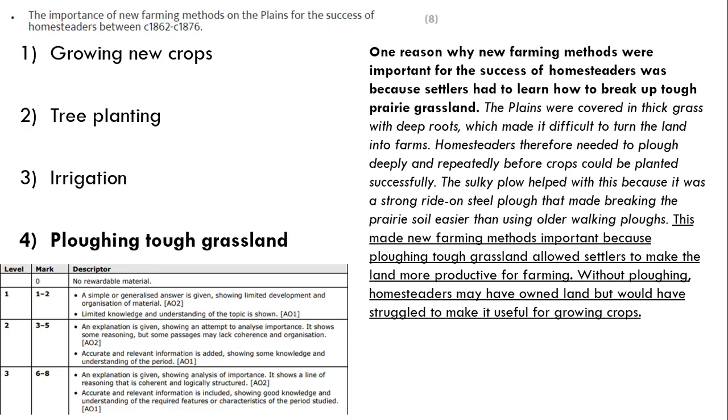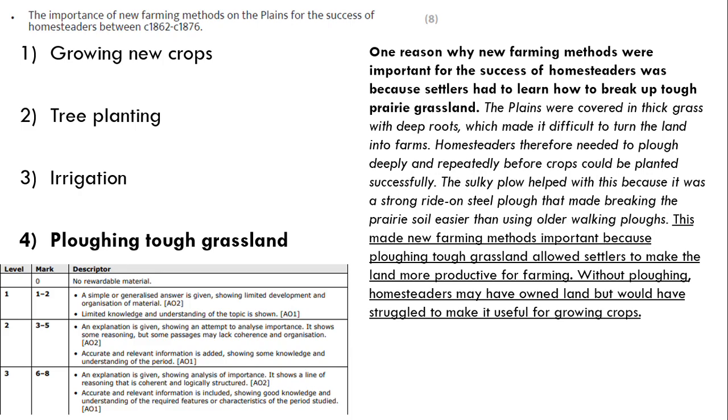So here's our paragraph. One reason why new farming methods were important for the success of homesteaders was because settlers had to learn how to break up tough prairie grassland. The plains were covered in thick grass with deep roots, which made it difficult to turn the land into farms. Homesteaders therefore needed to plough deeply and repeatedly before crops could be planted successfully.